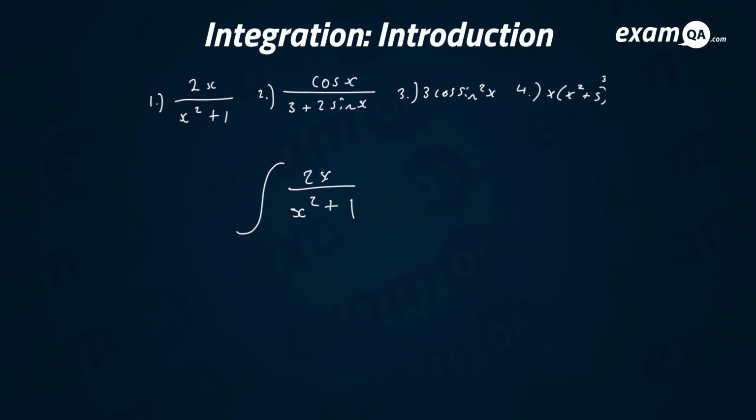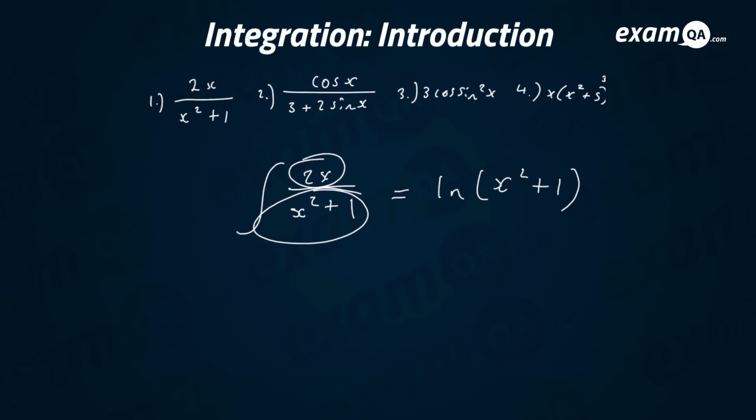Now, with fractions, if you can recognize that the top is the differentiation of the bottom, straight away you can say that this is equal to ln of the bottom. This is something you should be able to spot straight away.